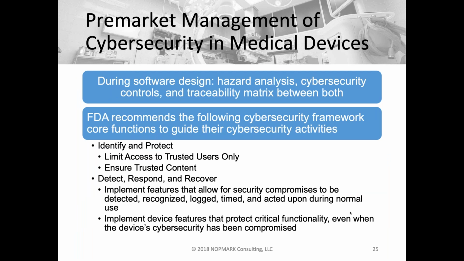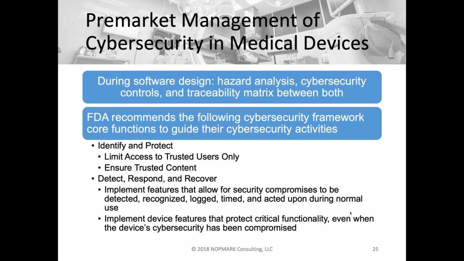So the FDA themselves call out a few areas, which are the software being able to limit access and the software being able to trust the content it's using. For example, if I'm doing a machine learning app that's taking data from a different source, you want to be able to trust that content before your algorithm utilizes it.